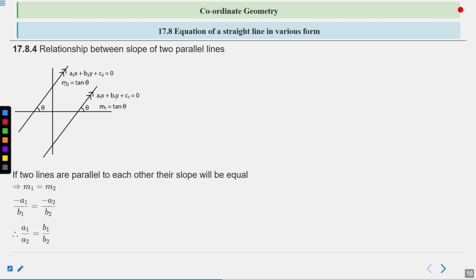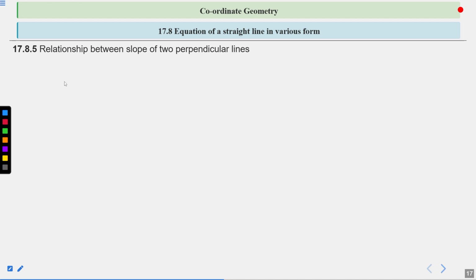Next, the relationship between the slopes of two perpendicular lines. This is the diagram of the slopes of two perpendicular lines. The line equation is a1x plus b1y plus c1 equals to 0, and the second line is a2x plus b2y plus c2 equals to 0.